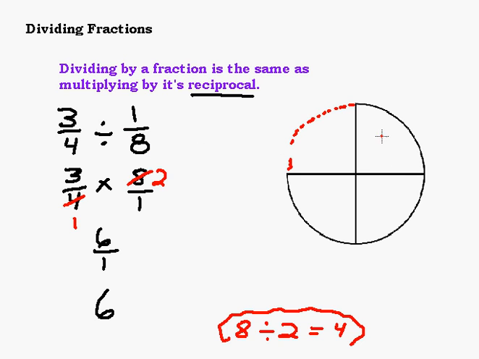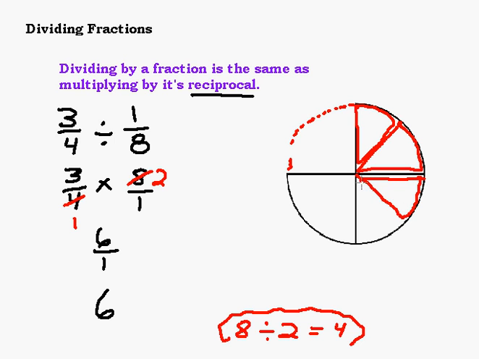How big would an 1/8 be? If this is a quarter of the pizza right here, then to split it into eighths I'd have to cut this in half. So this piece would be an eighth, and this piece right here would be another eighth. So there are two pieces there that are an eighth.